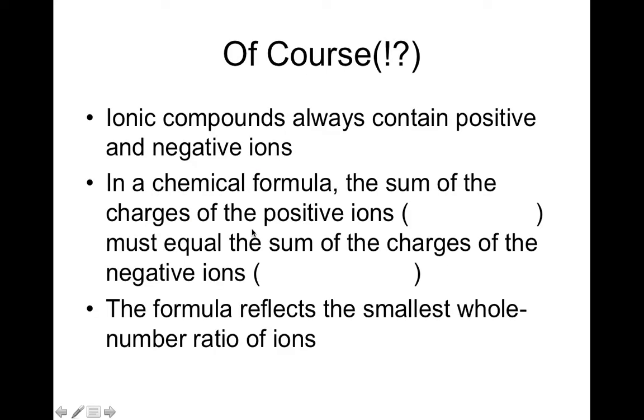Okay, so let's start out by reviewing some things that probably should be obvious. Ionic compounds always contain both positive ions and negative ions, right? In a chemical formula, the sum of the charges of the positive ions, what do we call these again?